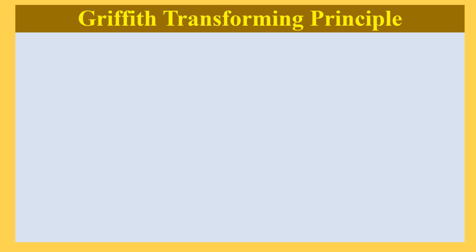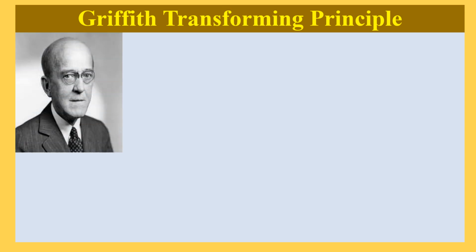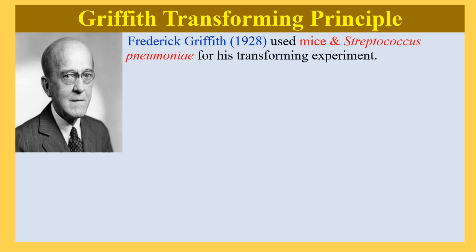Griffith transforming principle. A scientist named Frederick Griffith, in 1928, conducted an experiment to prove DNA as a genetic material, called the Griffith transforming principle.